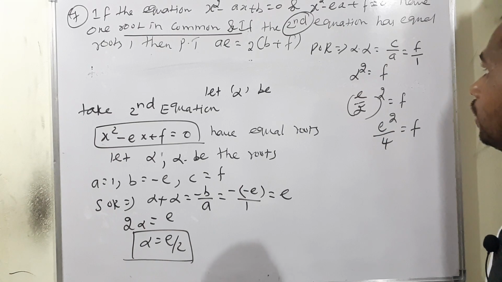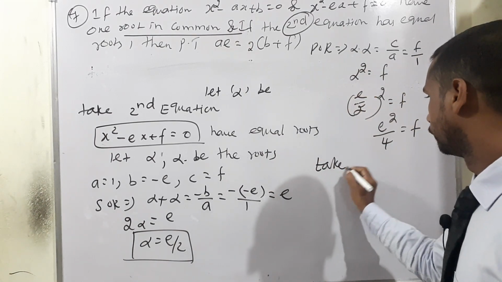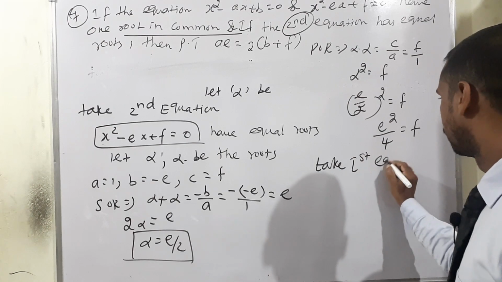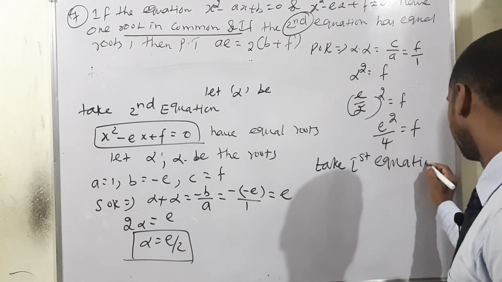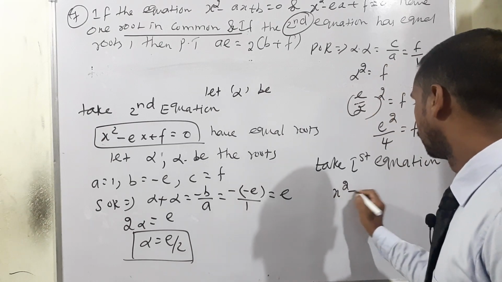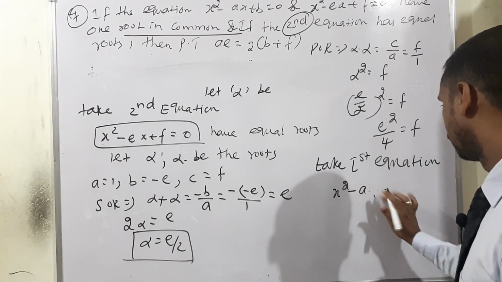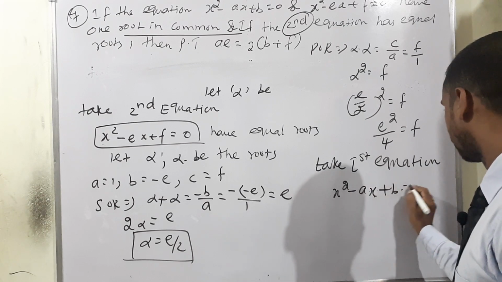Next condition: take the first equation, x square minus ax plus b is equal to 0.